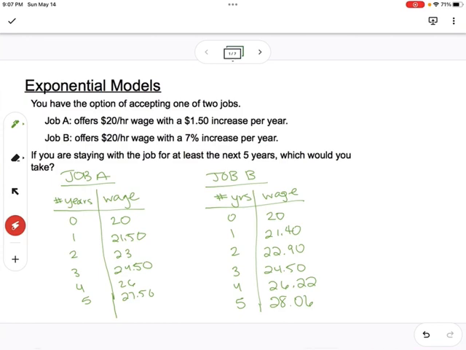Okay. So looking at each of these, job A is going up by the same amount every time. It's the $1.50. And that means this one's linear.